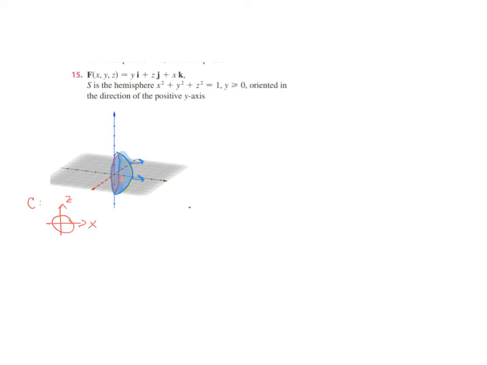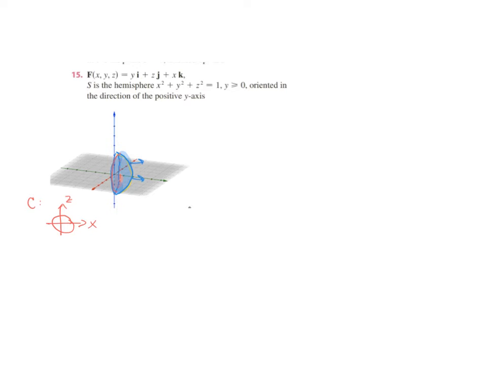The other way we talked about it is if we look down from above. Well, now we're looking at everything from y's point of view. So if we look down from the y-axis, we need things to be counterclockwise. So that's from the positive z to the positive x-axis.